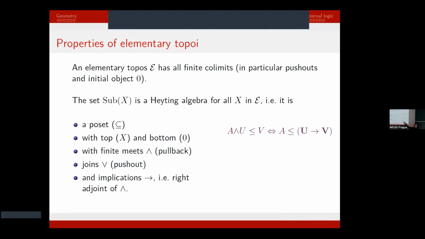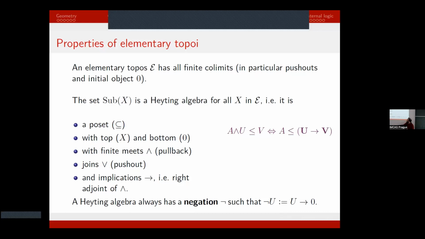So this is what the implication means. Whenever it is true and the hypothesis is true, then the thesis is true. So we want the biggest possible.